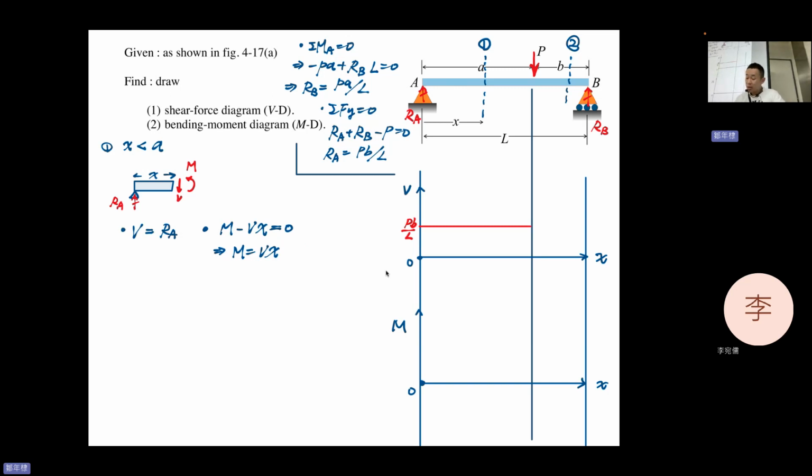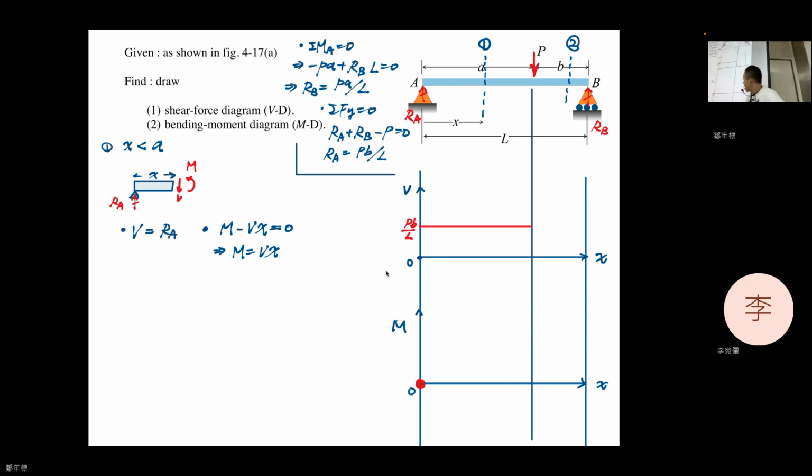So actually, this is a line. It's a line with a slope, gradually increasing. Did you notice that? So when x equal to 0, M equal to 0, so it starts from here.